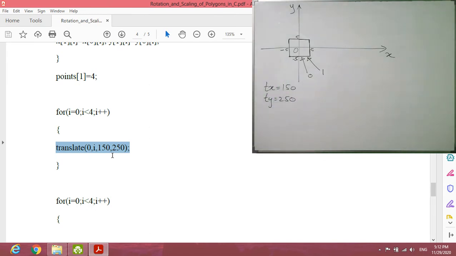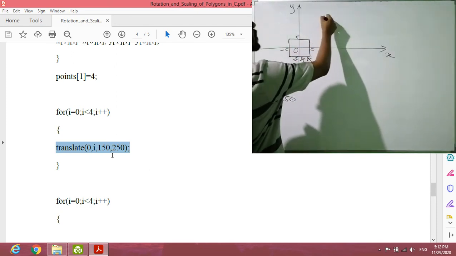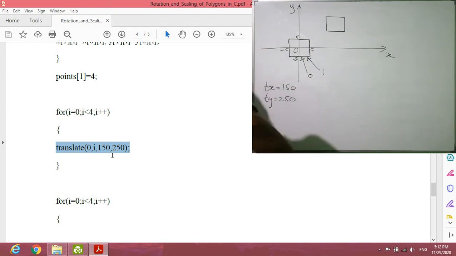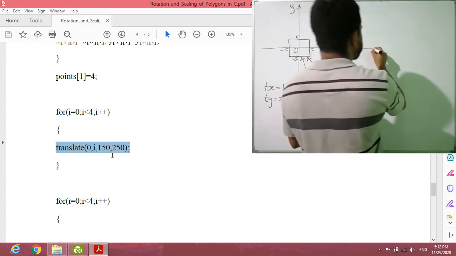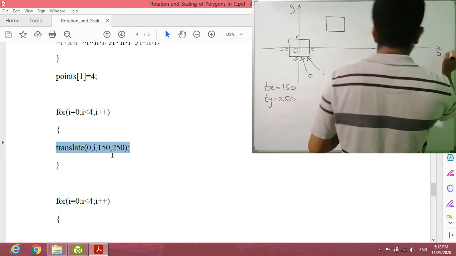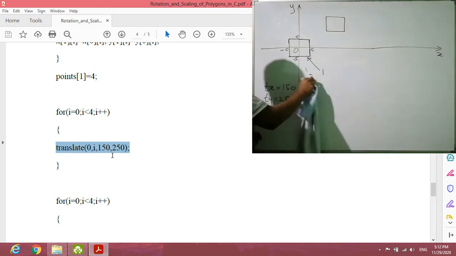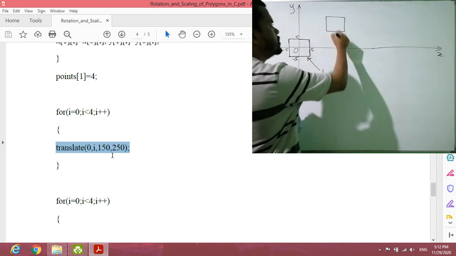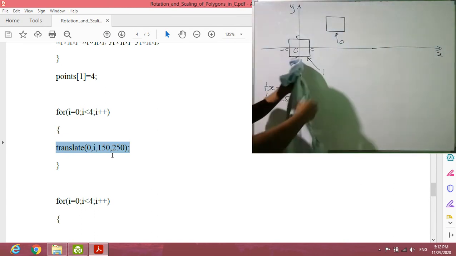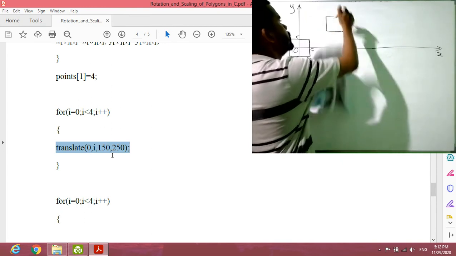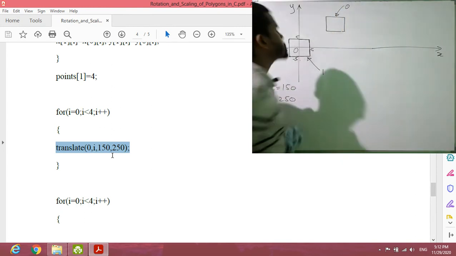That means easily you can understand this will move to somewhere here, okay. We move the one with index 0, now it is here.